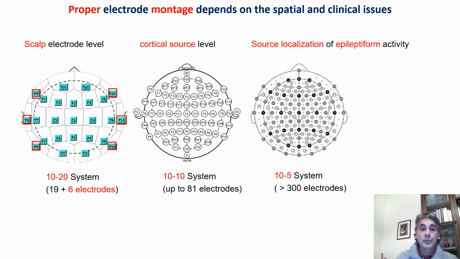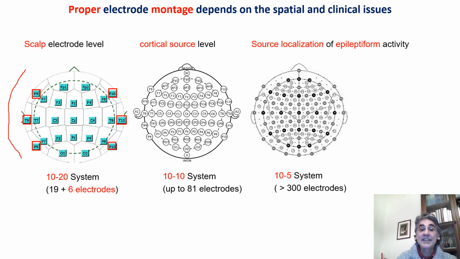The work group proposed that the proper electrode montage may depend on the spatial and clinical issues of the experiments in clinical neurophysiology. For example, for the topographic analysis of resting state EEG activity, the 10-20 system plus 6 additional electrodes may be sufficient.